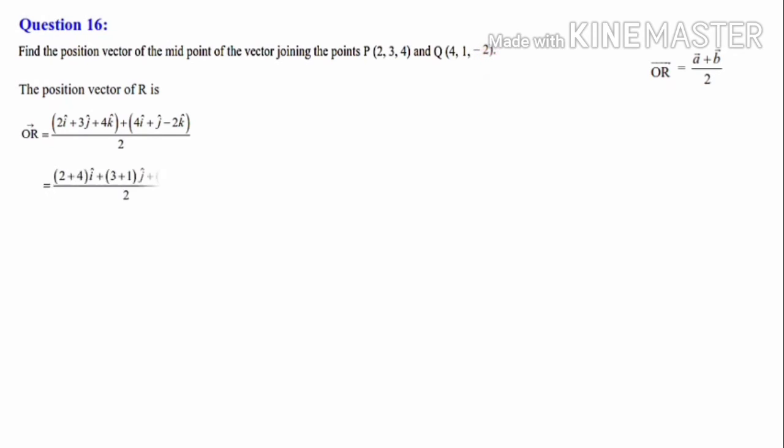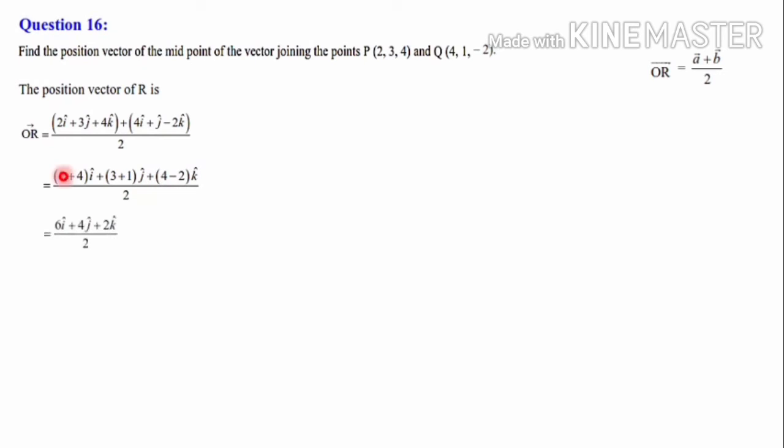Denominator is 2. Here the coefficients of i we can take together, or simply you can add also, no problem. So the coefficient of i cap is 2 and 4, so (2 plus 4) into i cap, plus 3 and 1 are the coefficients of j cap, so j cap into (3 plus 1), plus here 4 and minus 2, so (4 minus 2) into k cap.